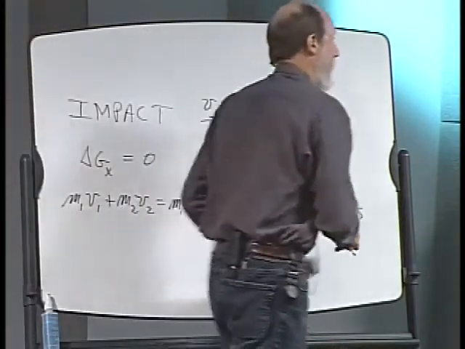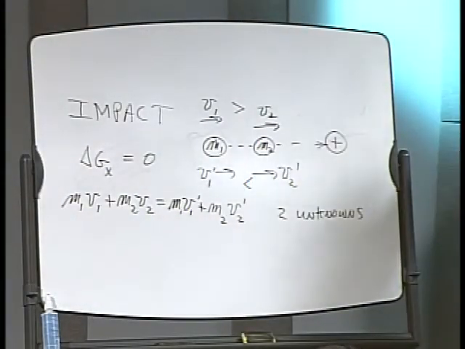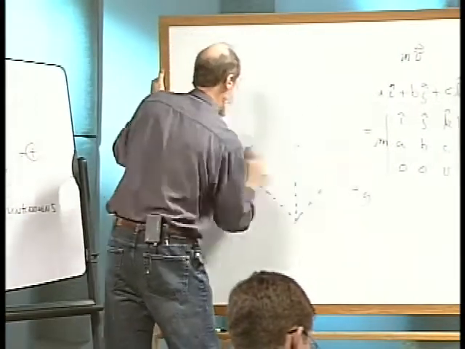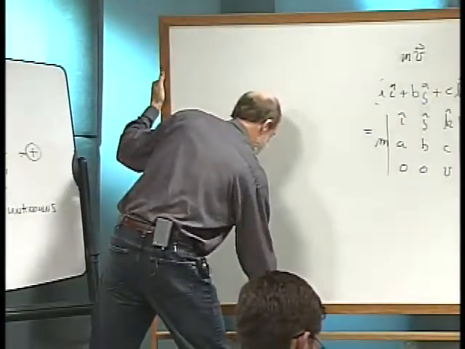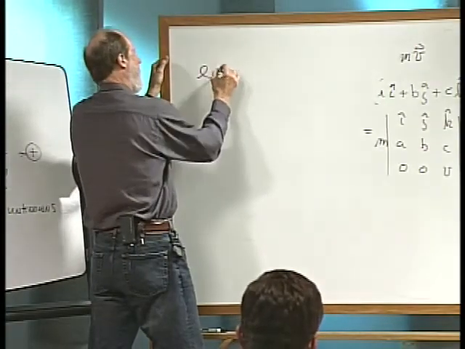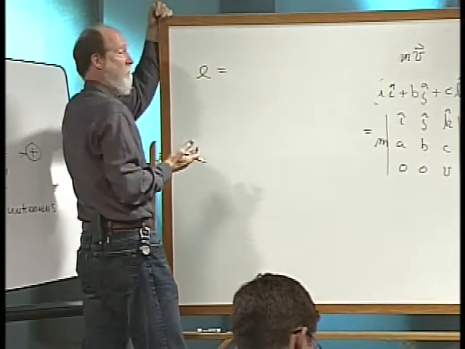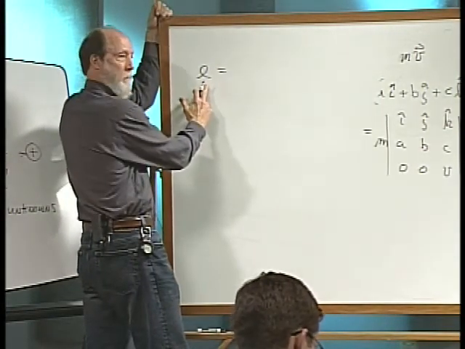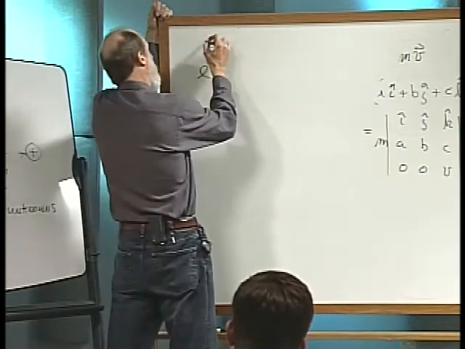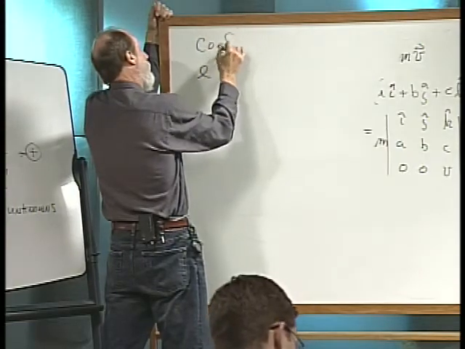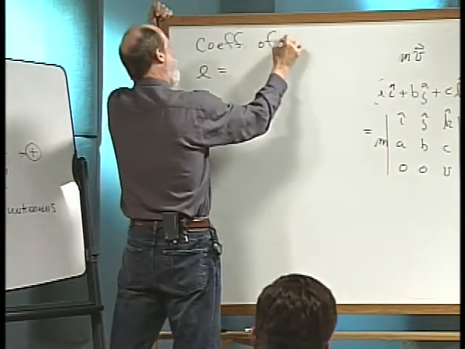Let me go open on the other board here. It could be called a coefficient of recovery. And we give it the symbol in engineering small e, which is not the natural number. And this is called the coefficient of restitution.